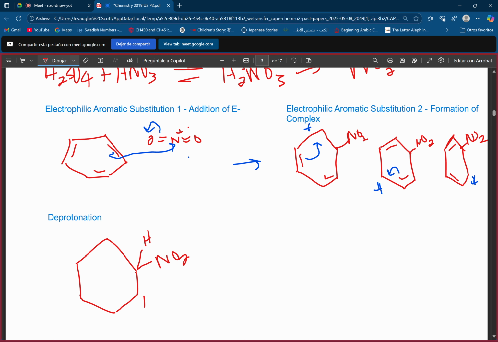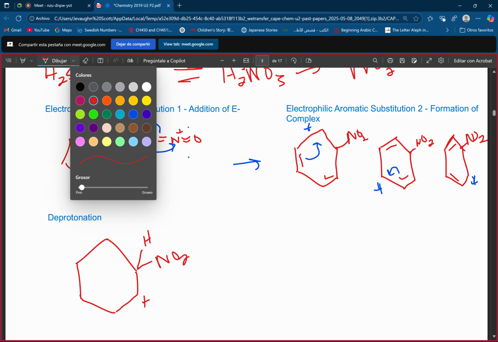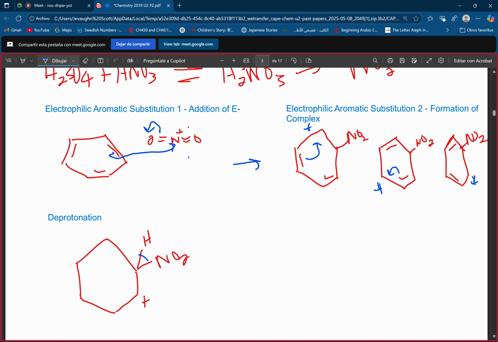Let's put a positive charge here. The electron now from the hydrogen will now move into this positive region, right? And this is all in the presence of water, and it's in an acidic presence of an acid.